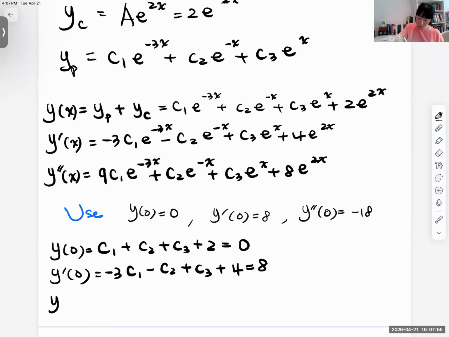And y second prime of 0, looking at this equation, we have 9c sub 1 plus c sub 2 plus c sub 3 plus 8 equal to negative 18, right?